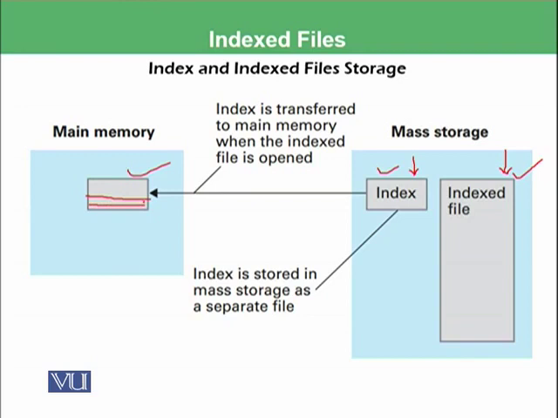You will find that address and then go to that particular location to get the information. The index is transferred to main memory when the index file is opened, and the index is stored in mass storage as a separate file.